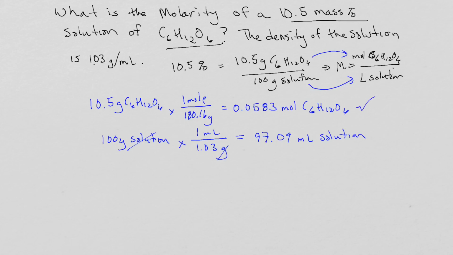So now I have the top and I have the bottom, so I can calculate my molarity. 0.0583 moles C6H12O6 divided by 97.09. Oops, I've got to watch my units. Milliliters, but I need liters.